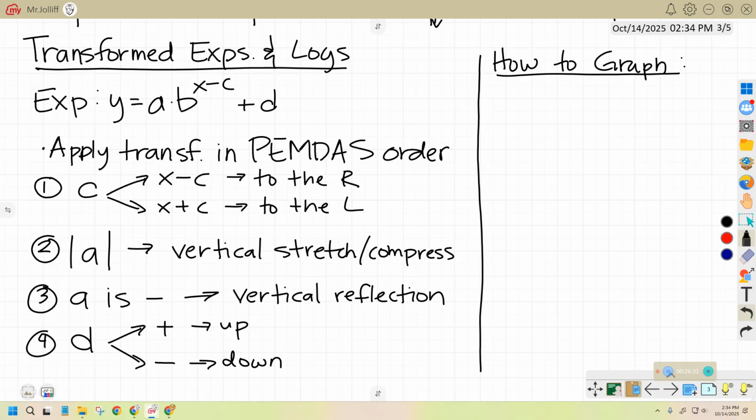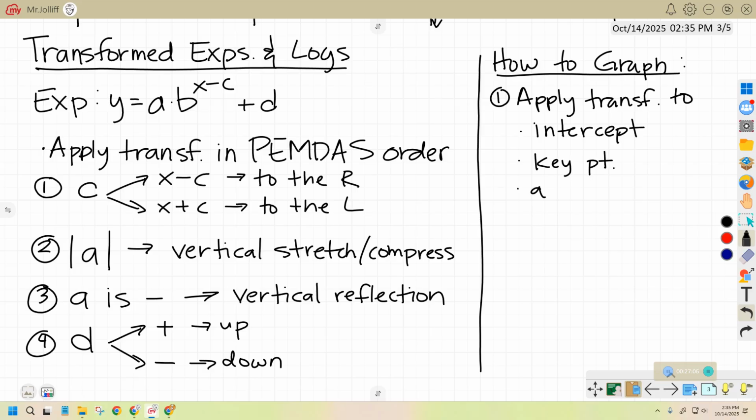The answer is pretty short, actually. I only need 3 pieces of information to graph. So the first thing I'm going to do is apply my transformations to the 3 things that I need to graph, which are my intercept, my key point, and my asymptote.